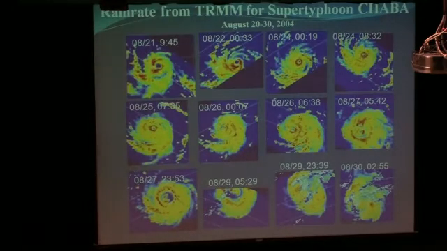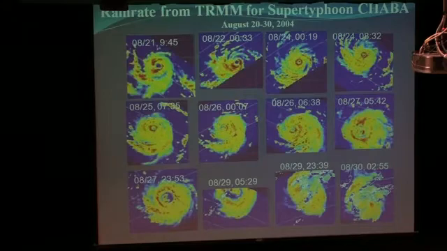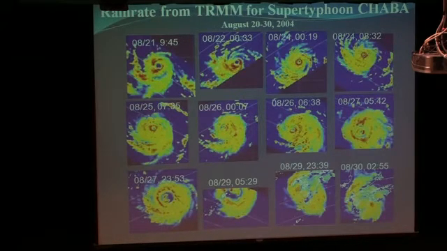So in addition to the different sizes of the storms, for individual storms, its size may change in its life cycle. This example shows the typhoon, super typhoon Chaba. You can see at the beginning the storm is a very small size with a very compact eye wall and small eye, and then the storm expands a lot.